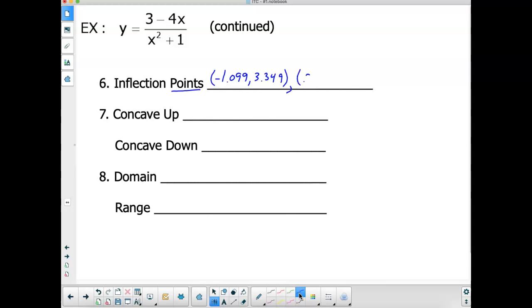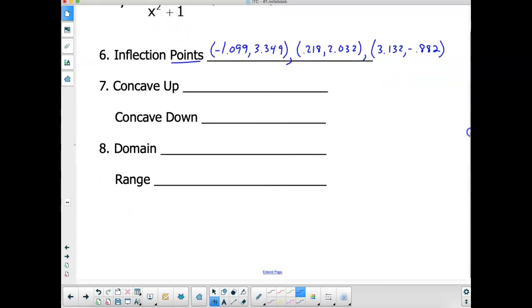So I go 0.218, comma, 2.032, comma, then I have 3.132 to negative 0.882. Okay?